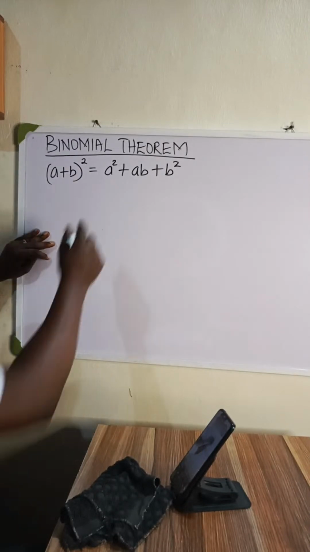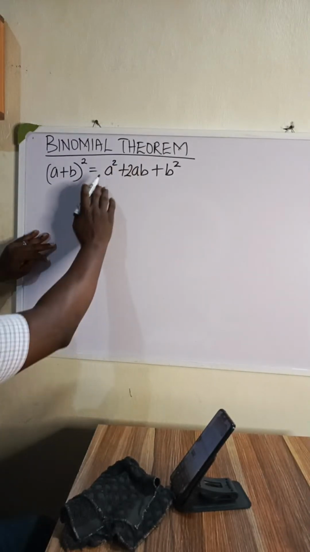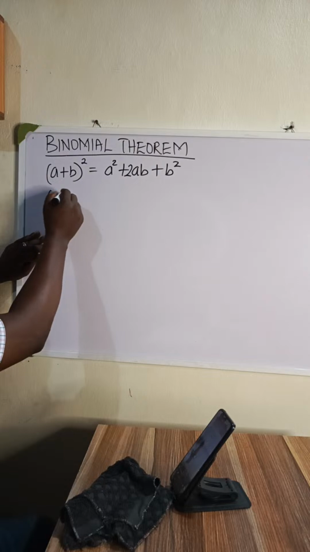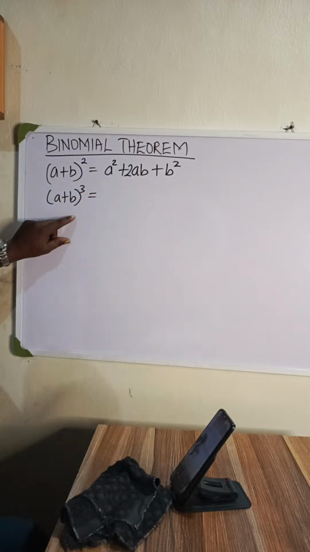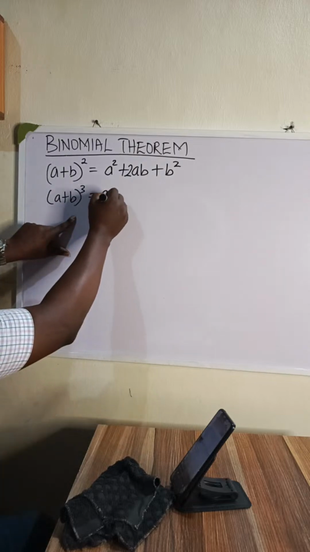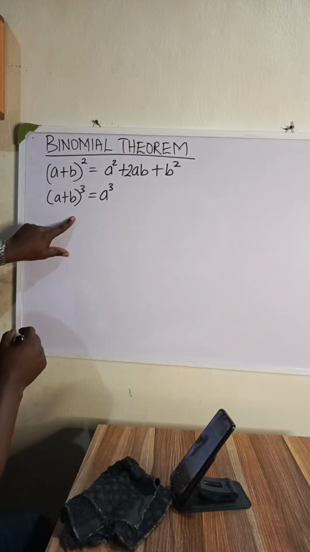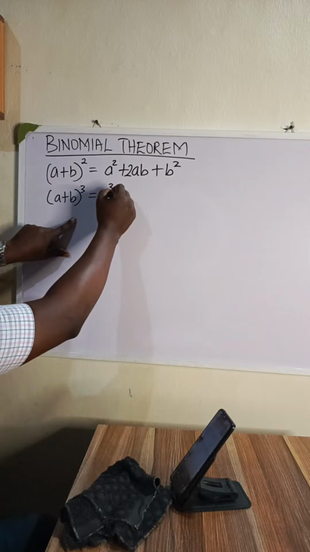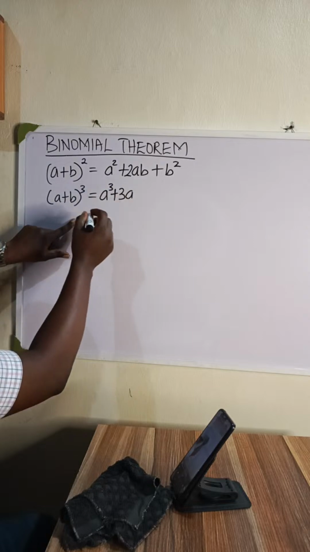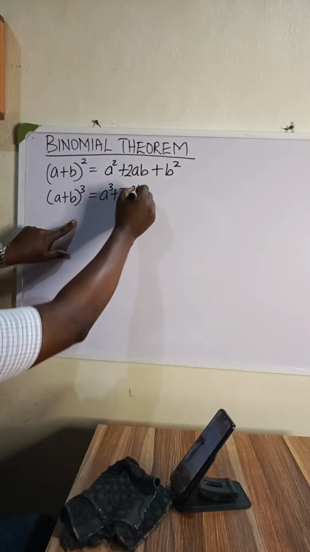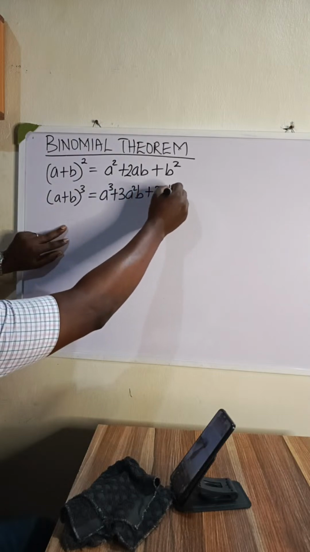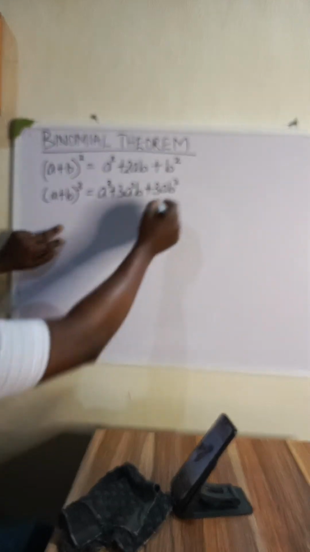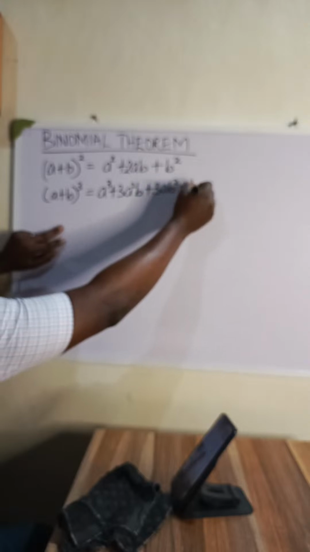When a plus b was to the power of 3, we had a to the power of 3 plus 3a squared b plus 3ab squared plus b cubed.